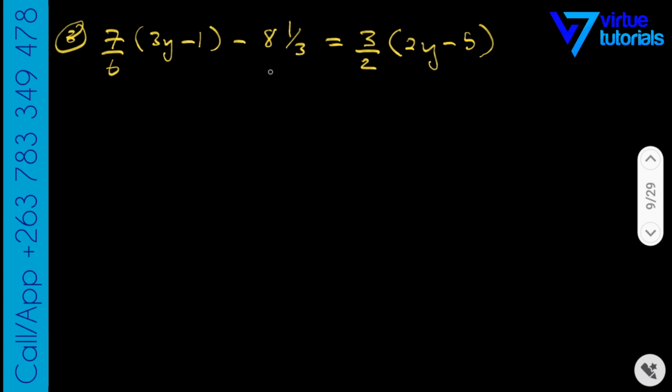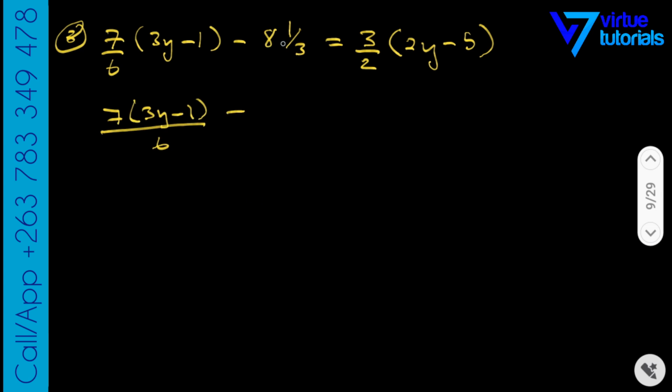And then the second thing is you want to have a better view of these fractions here, right? 7 over 6 times 3y minus 1 is the same as 7 times 3y minus 1 all over 6. So I can write it like this. So all of it becomes over 6.